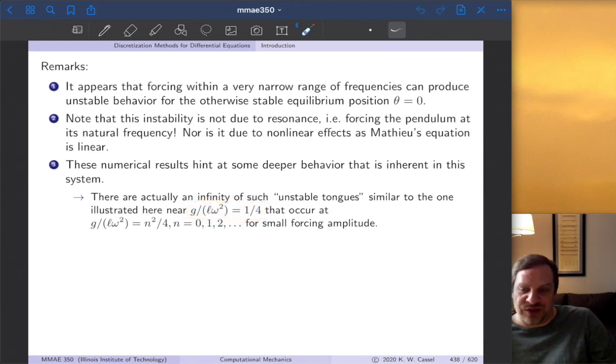You can prove this mathematically, and you can illustrate it numerically, as we just did, that when g over L omega squared is equal to n squared over 4, where n is an integer, you will get one of these narrow tongues of instability. So again, there's actually an infinity of these. The one that we looked at was when n was equal to 1, and so therefore it's a quarter. But there's one at 0, 1, 2, 3, 4, all the way up to infinity, which is kind of unusual.